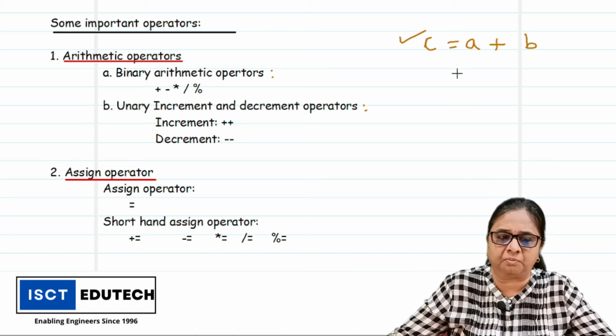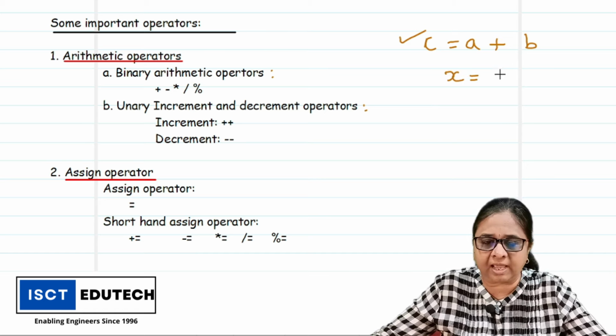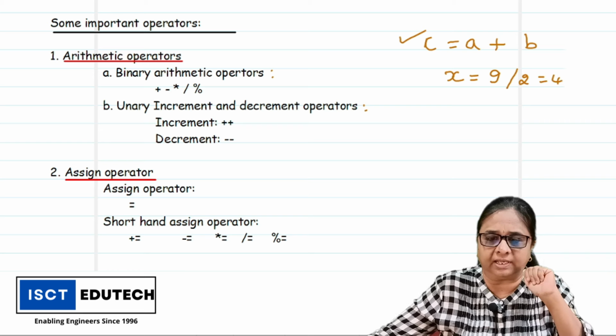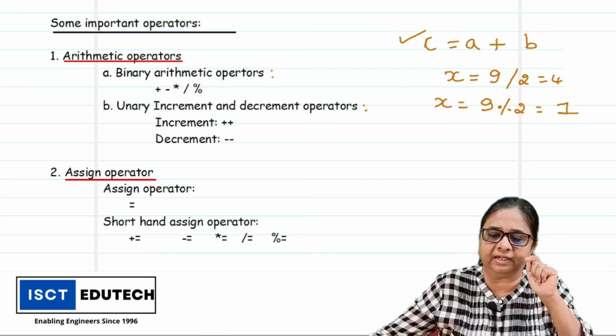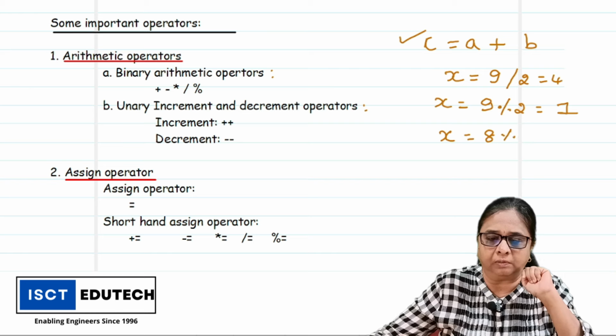Let's look at division and modulus. If I say x = 9 / 2, I will get the quotient as the answer, which is going to be 4. But if I say x = 9 % 2, then I will get the remainder, which is 1. Or if I say x = 8 % 2, the remainder is 0.